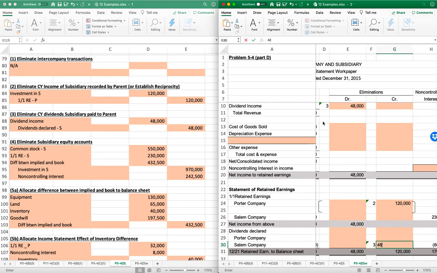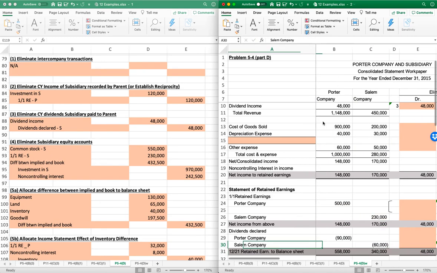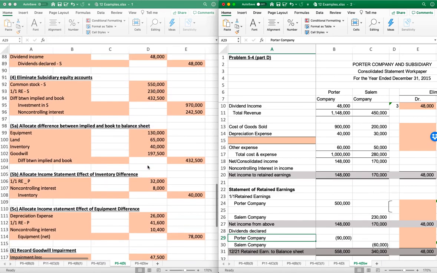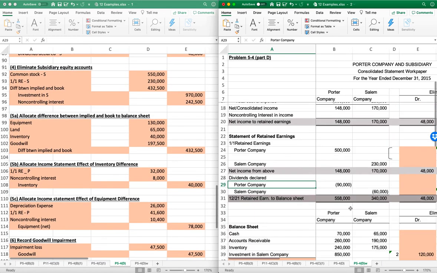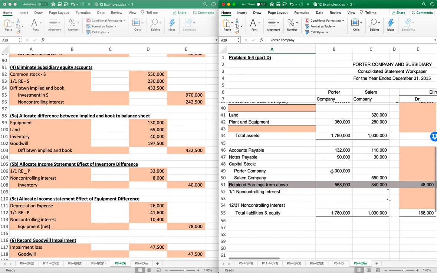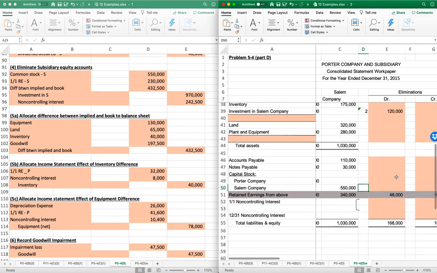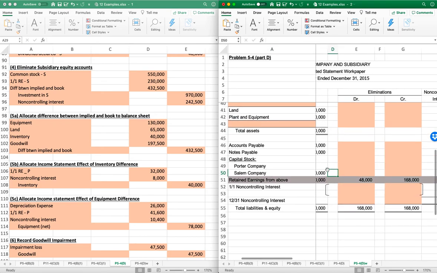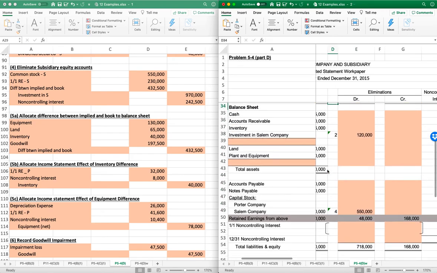And remember, that's dividends declared of our subsidiary, so we need to make sure we have it on the subsidiary line, not on the parent line. Then we have entry number 4. We're going to get our common stock of our subsidiary. So again, make sure we're on the subsidiary line. And we're going to debit for $550,000. Then we have 1/1 retained earnings of the subsidiary.